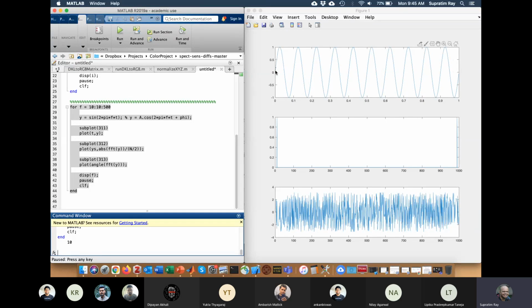Okay, so it's a 10 hertz sinusoid. You can count 10 cycles, 1, 2, 3, 4, 5, 6, 7, 8, 9, 10. The frequency here is perfect. It's at 10, but look at the phase. It looks so random. Why is that?